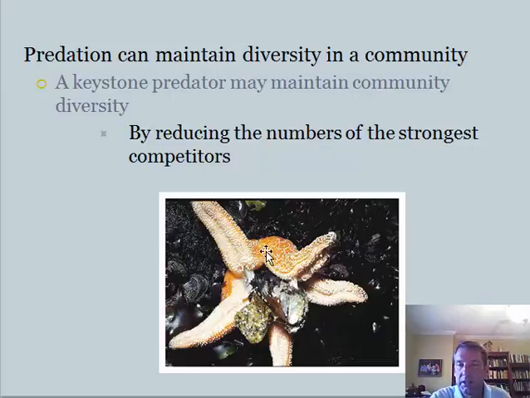So this sea star is a keystone predator. It feeds off of different mollusks and things like that, and keeps their numbers down so that the other animals can live in that community as well. And so predation is a very common interaction that we see between different species in an area.